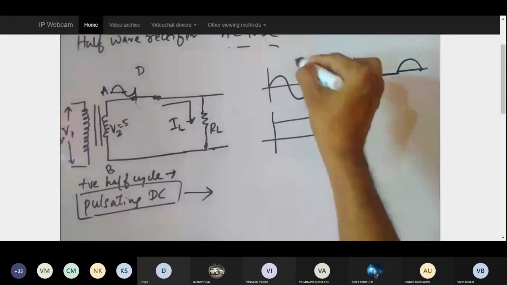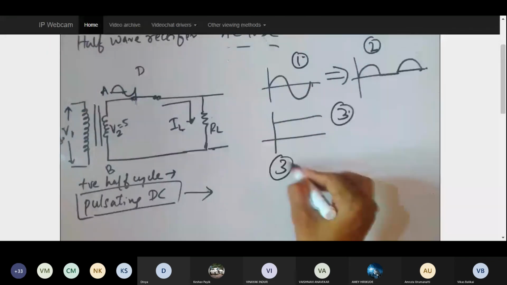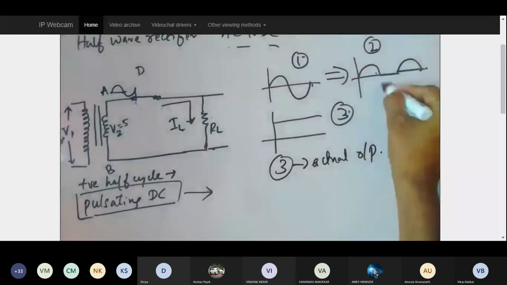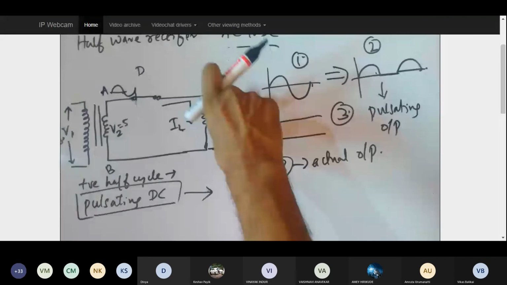So from 1 to 3, 3 is my actual output, 2 is my pulsating output. So to get the actual output from the pulsating output, I need to be adding some more components over here, which right now I am not going to do.